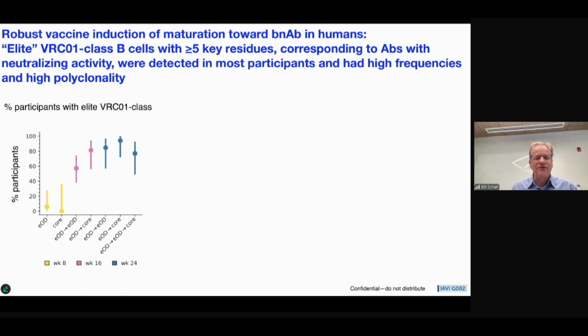It's not meaningful. And so what I'm showing you now in this slide are 3 different panels of data characterizing how common are the elite responses that have 5 or more key VRC01 class residues in the heavy chain. And so what percent of participants did we detect those elite responses in? EOD to core at week 16, 80%. EOD to core at week 24, 95%. So we do see them basically in almost everybody.